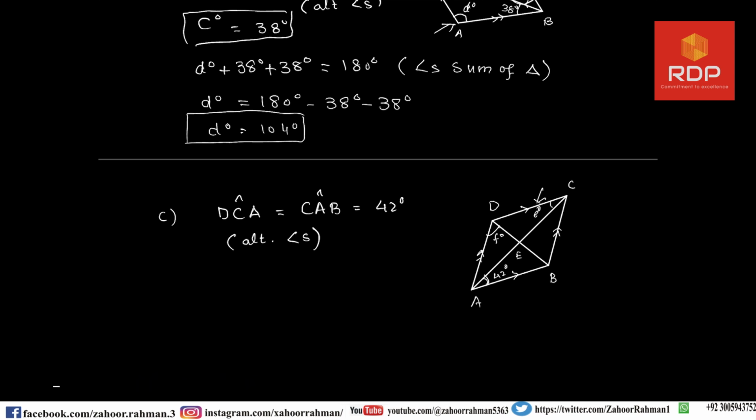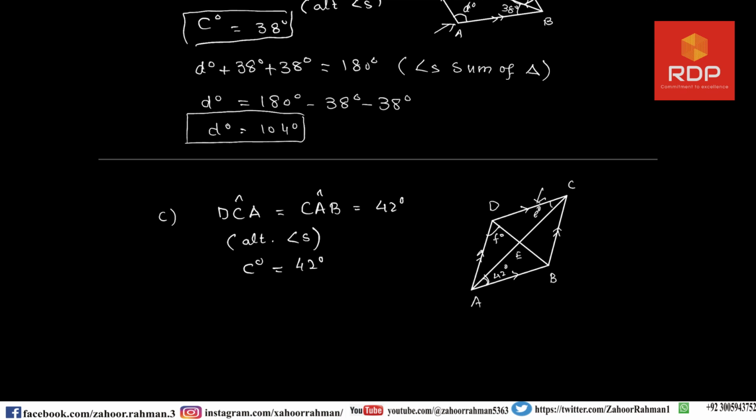Those are equal because these are parallel lines and this is a transversal line. So through that we can find that E degree is equal to 42 degree. Now that's it for the first. Now it is the turn of F degree.